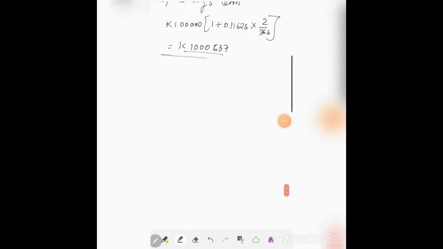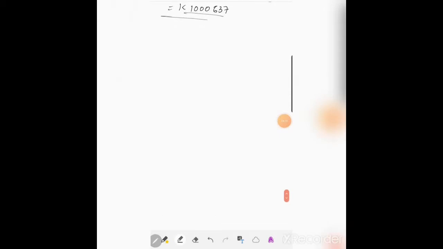Now let's look at accumulation factors. We use these concepts to apply them to the force of interest.